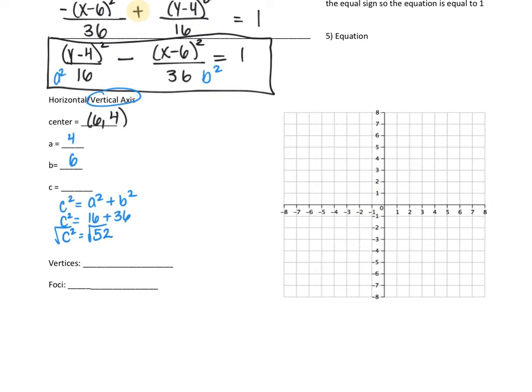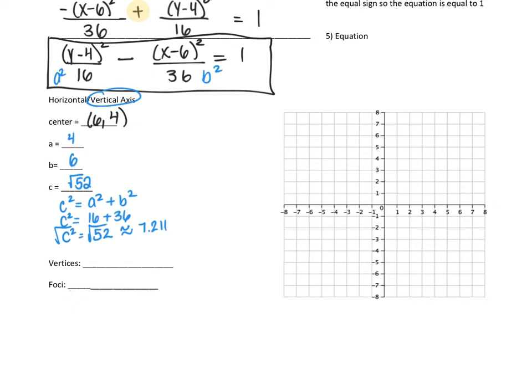I don't think the square root of 52 can be simplified anymore, so we can actually just make that into a close decimal. That is approximately 7.211. So if we're asking what the c value is, it's just the square root of 52. That's fine. In order to find the vertices and the foci, we actually have to graph this.